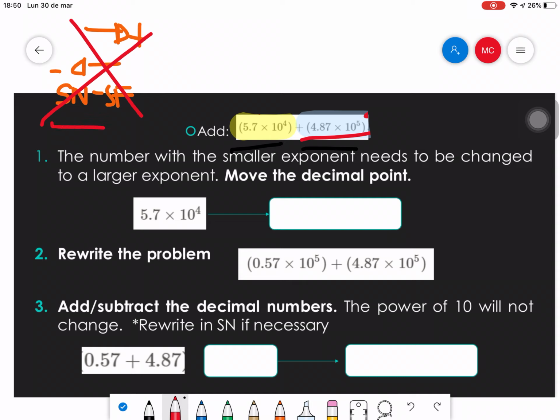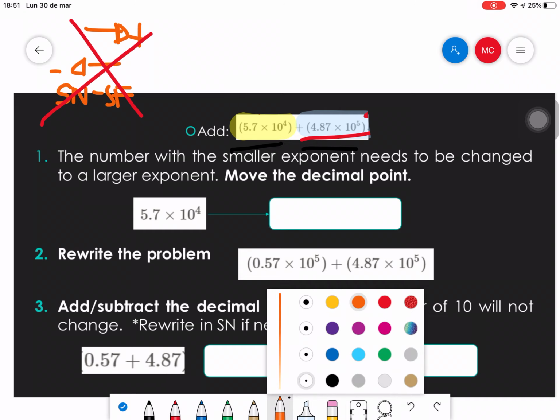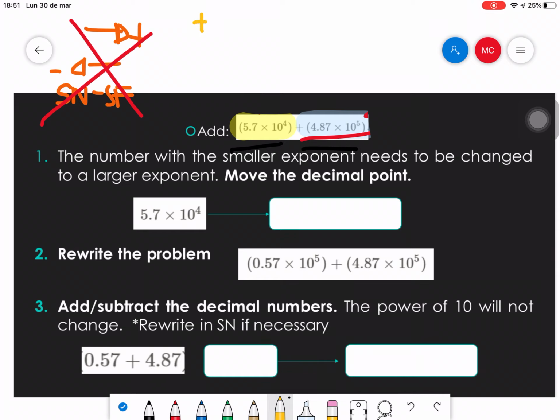This rule applies to changing numbers, to the first part of the topic. Right now, the rules are going to be like this. Let me change the color. I'm going to write this with yellow. The rules for this topic are for addition and subtraction, and also for multiplication and division, but right now let's stay there.